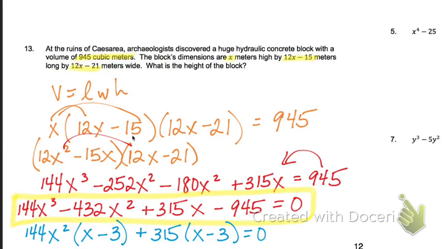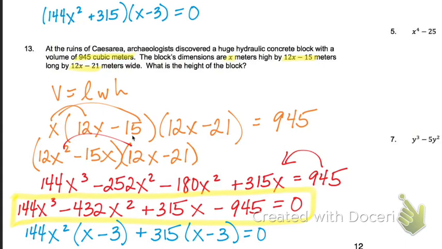So from there, I'm going to combine. The factored form would be 144x squared plus 315, times x minus 3, equals 0. Well, what do I know about solving when I'm factoring?